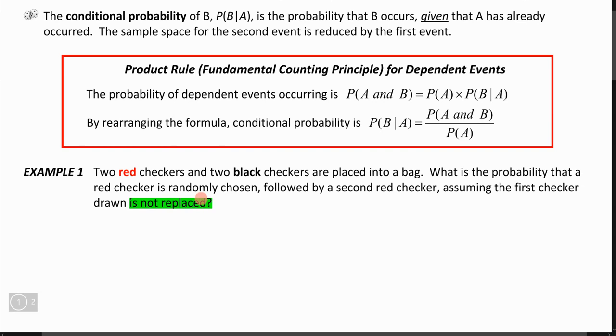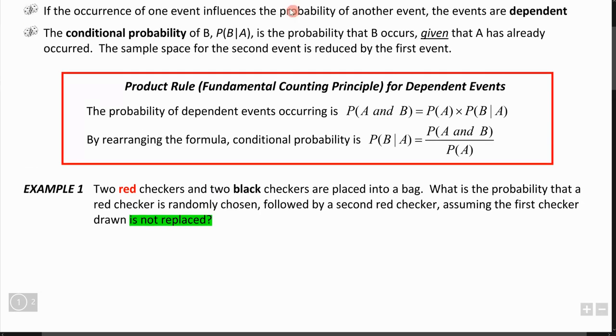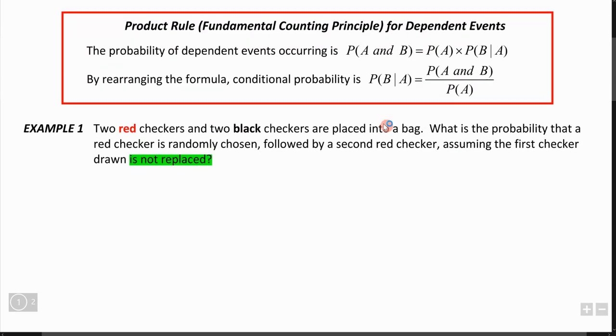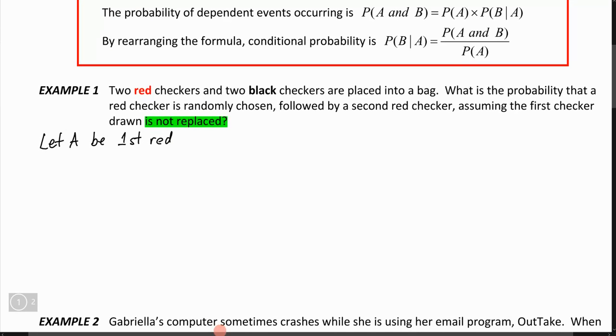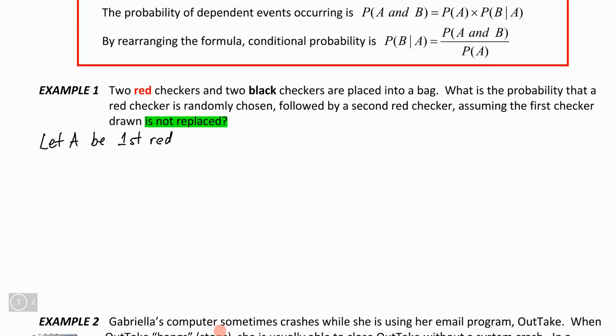Okay, so let me just go through the motions of the formula here. Let's first define our events. Let A be drawing the first red checker. If you draw the first red checker, inside your bag you only have 2 black checkers and only 1 red checker left.